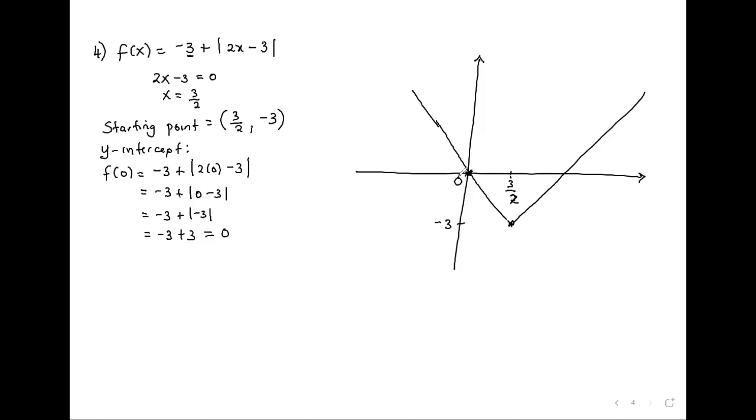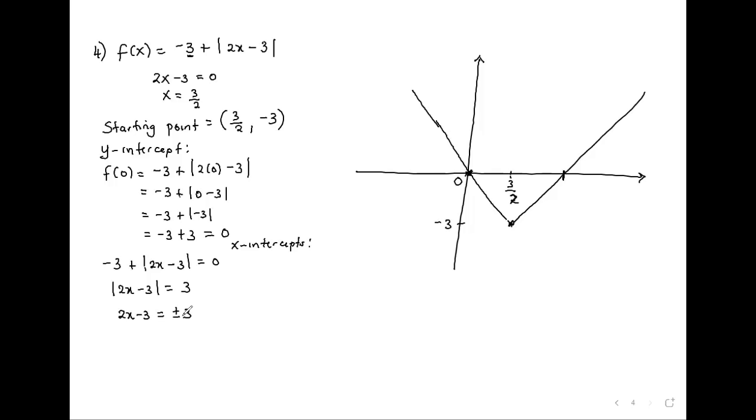Then we need to find the remaining intercept by equating the whole thing to 0: -3 plus the absolute value of 2x minus 3 is equal to 0. This is for x-intercepts. Then you say the absolute value of 2x minus 3 is equal to 3. This means that 2x minus 3 is equal to plus or minus 3. That's how you remove the absolute value.